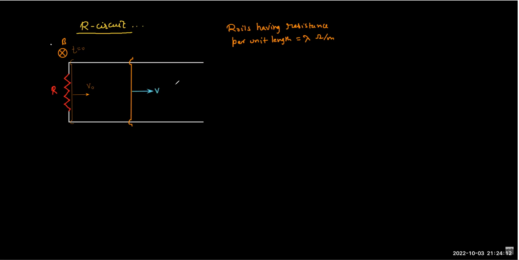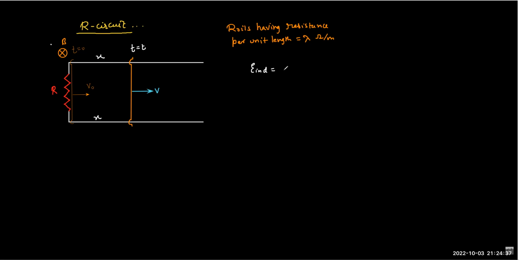And the velocity is v. And we assume that, okay, let's say it has traveled a distance x. So the first thing is, what is the induced EMF at that instant?